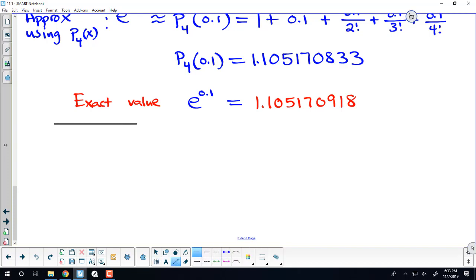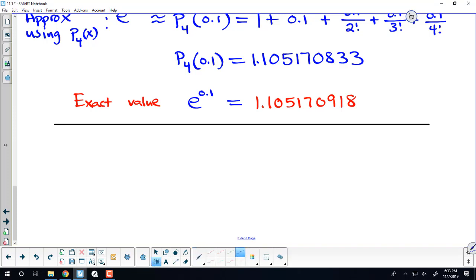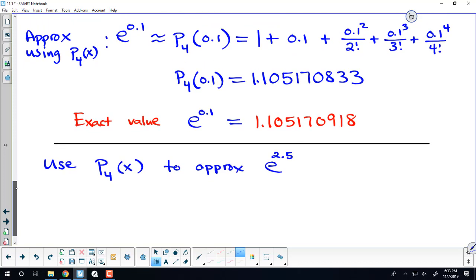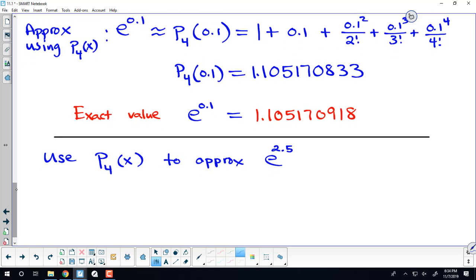Use our fourth degree Taylor polynomial to approximate e to the 2.5. So this, remember, we were approximating e to the x.